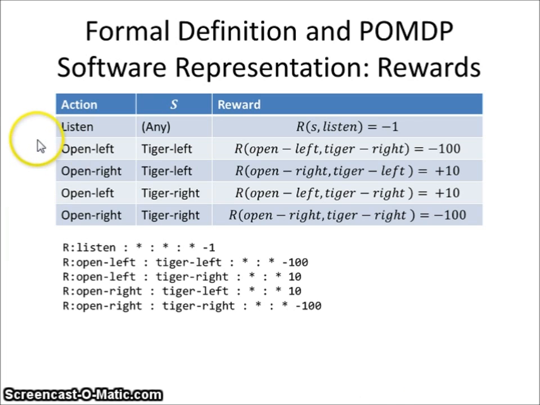You take the action of listening. No matter what state you're in, you are going to have a penalty of -1. So in the software, we're going to have 3 asterisks for everything except for the action. And similarly, for the other actions, opening left or opening right, depending on what state you're in, you're going to get some reward or some penalty for doing that.